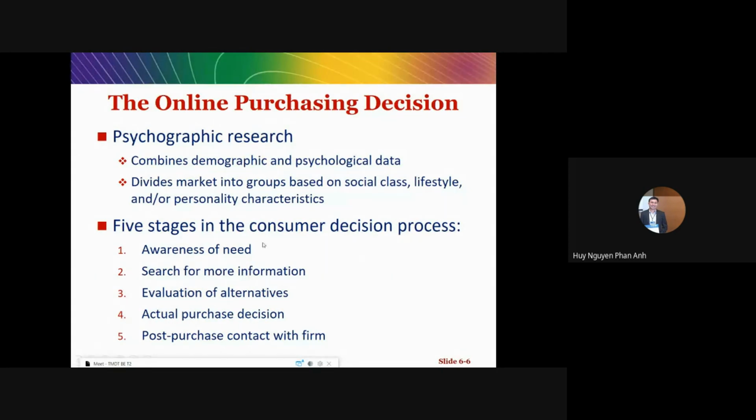And then we can make the 5 stages in the consumer decision process. The first one is awareness of the need, then search for more information, evaluation of alternatives, actual purchase decision, and post-purchase contact with the firm.